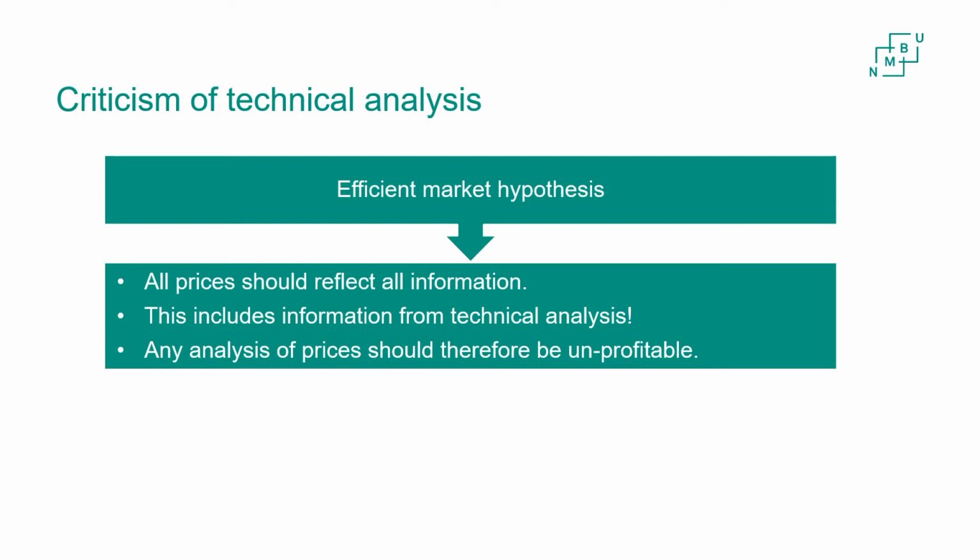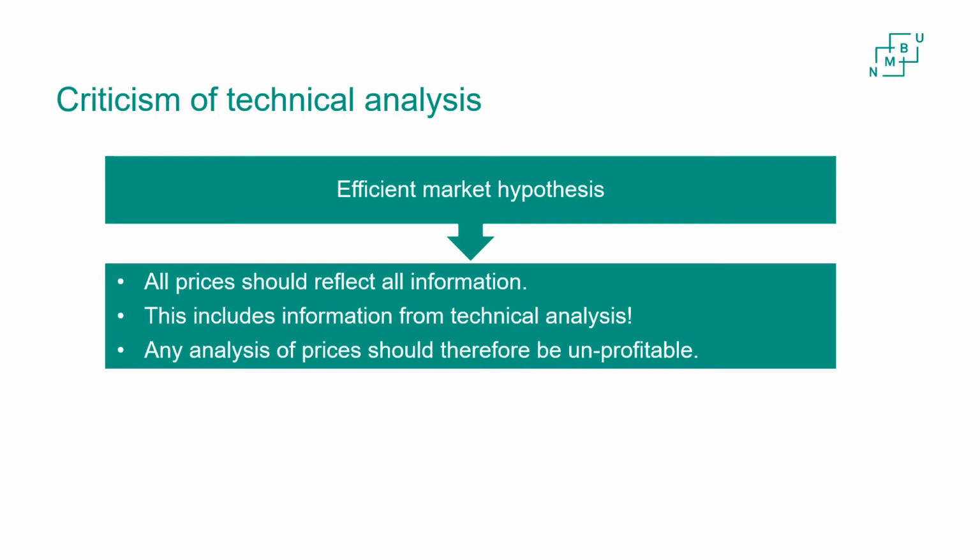However, technical analysis doesn't come without criticism, and one of the most well-known and adapted theories in finance and economics is the efficient market hypothesis, which says that all prices reflect all information possible.